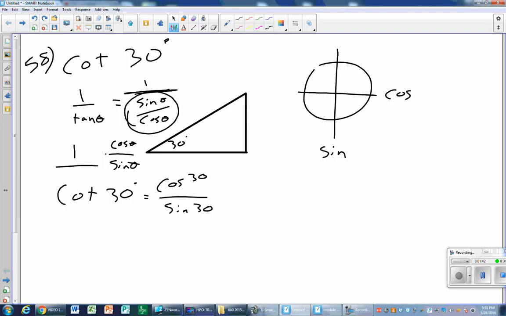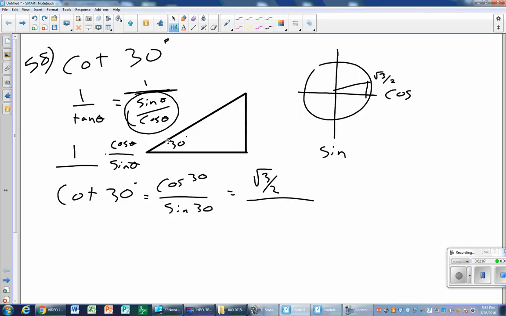Now I'm going to take a look at my unit circle and see that that's about a 30-degree angle. And the cosine, remember, the cosine is the x value. So the x value happens to be at its largest at that point, which is square root of 3 over 2. Square root of 3 over 2 divided by the sine, which happens to be the smallest value.